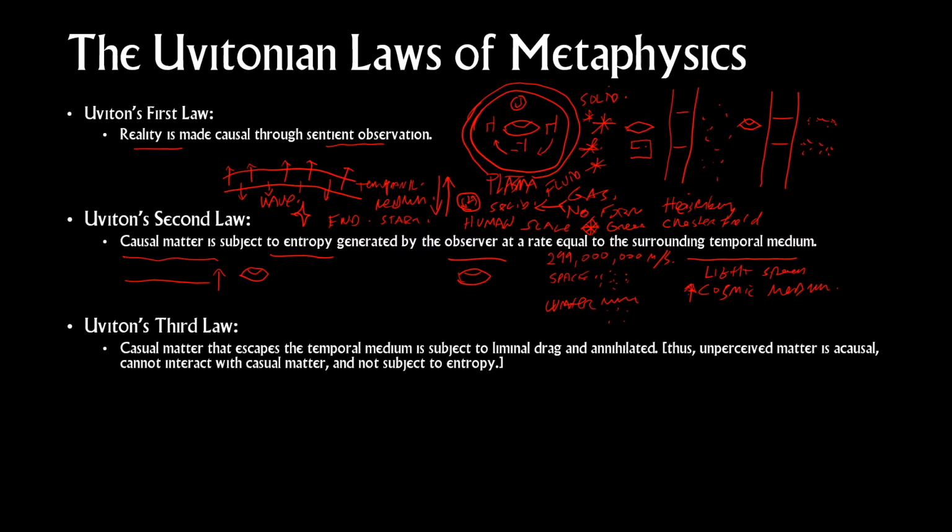So if you have your causal reality, your chair, being perceived by an observer who, let's say, is observing it in a temporal medium that is harsher, so like the void, you have a higher void around it or higher Pluva, the rate of entropy is different.